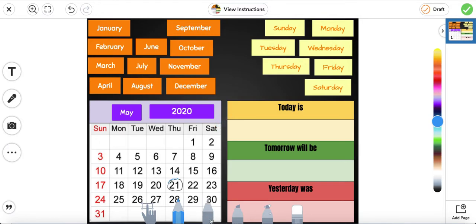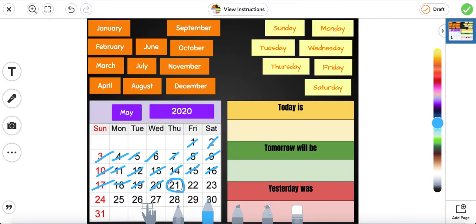We are going to cross out all the days that have already passed, and we're going to stop on the 21st. 1, 2, 3, 4, 5, 6, 7, 8, 9, 10, 11, 12, 13, 14, 15, 16, 17, 18, 19, 20, 21. So today is May 21st.